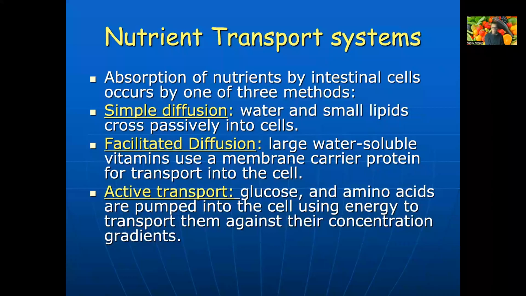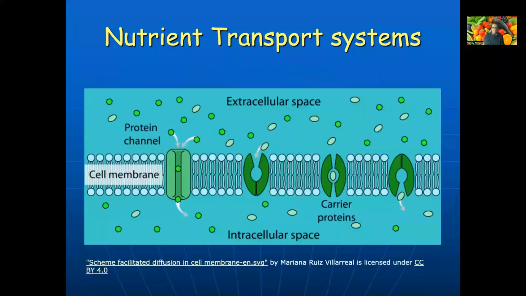Think active starts with an A, as does ATP. Active transport requires energy, and simple diffusion, which is a passive transport mechanism, or facilitated diffusion, does not. And this is just showing you an example of facilitated diffusion. No, I would not put something like this on a test and tell you to tell me what's going on here.